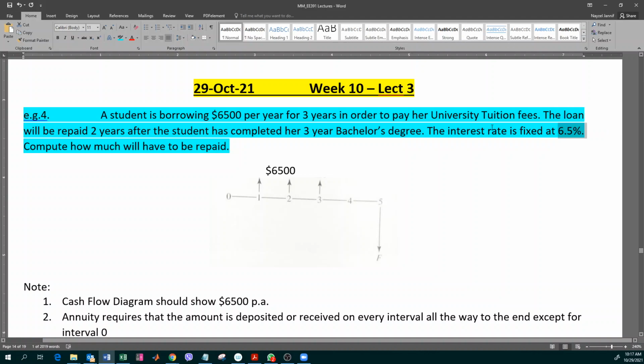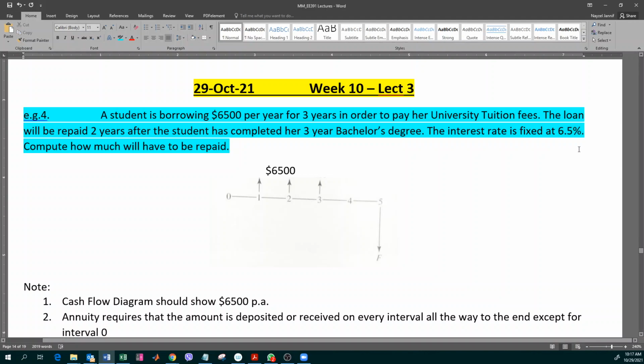That means that the interest rate is fixed, but it does not mean that you switch to simple interest or compound interest. It will still be compound. We always deal with compound interest unless the question actually states to use simple interest. Otherwise, it'll always be compound interest.